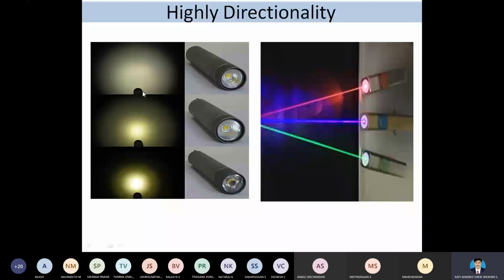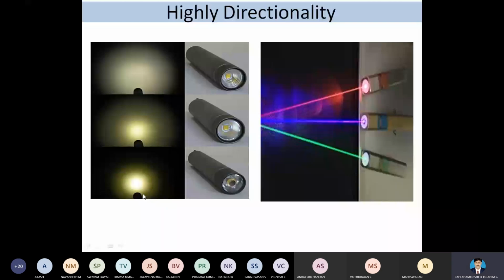So when the distance is increased up to 10 meter, we can see how much the intensity diminishes, how much is reduced. So for the ordinary light, the intensity is only based on the displacement, that is the distance. When the distance is less, I have placed it at 2 meter.